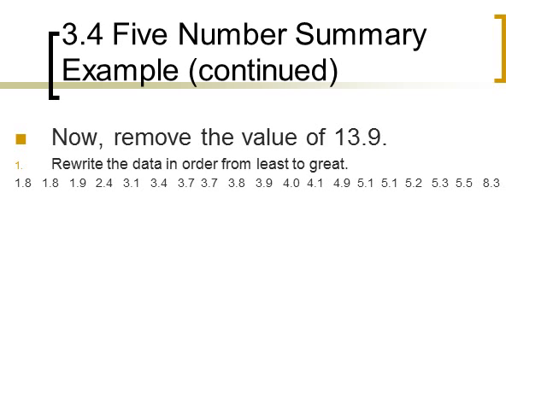So what I'm going to do is count to the 10th number, and that number should be exactly in the middle, so let's circle it. So the 10th number is 3.9. So if I circle that number, that leaves me with 1, 2, 3, 4, 5, 6, 7, 8, 9 numbers to the left of it, and it balances with 9 numbers to the right of it. So 3.9 is the exact median, and that's quartile 2.